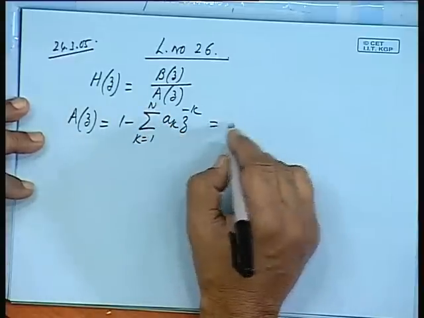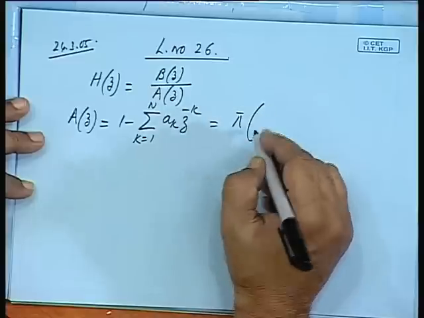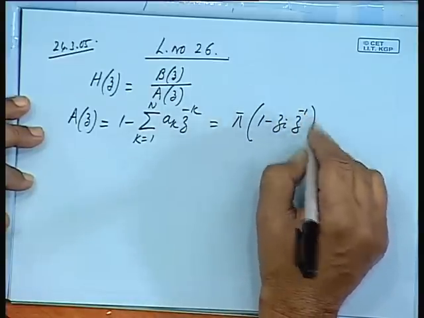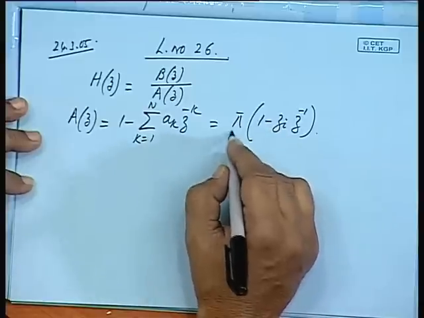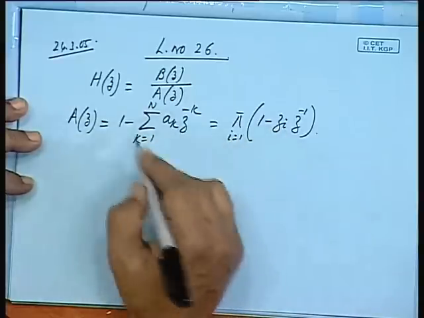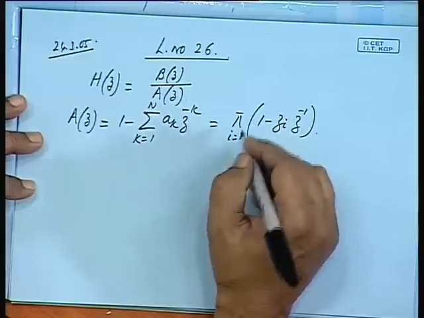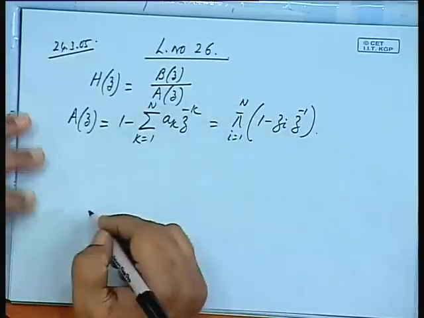We can also write it in the product form, where z_i are the roots, with i varying from 1 to n.